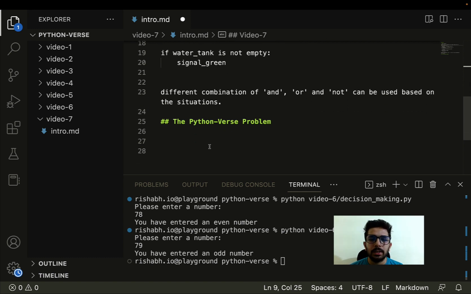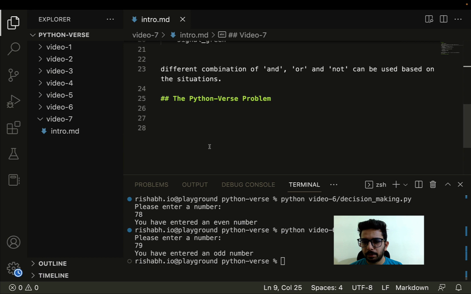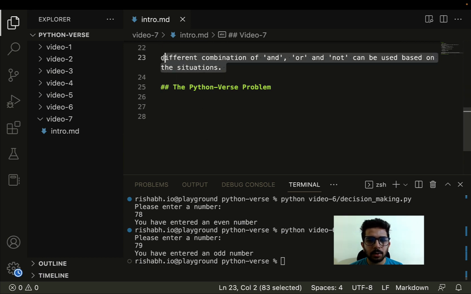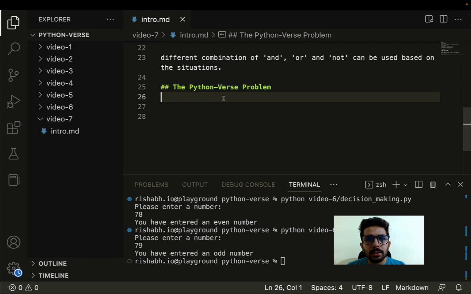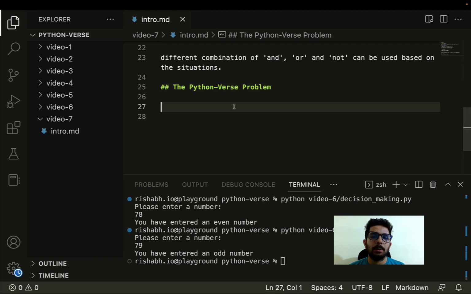Or what exactly it is that we are trying to achieve. Now let's try to understand these operators more with a problem which is called the Python-verse problem, right? So we will talk more about this Python-verse problem, not exactly in this video, because there is one more concept which I want to cover before I can talk about it.